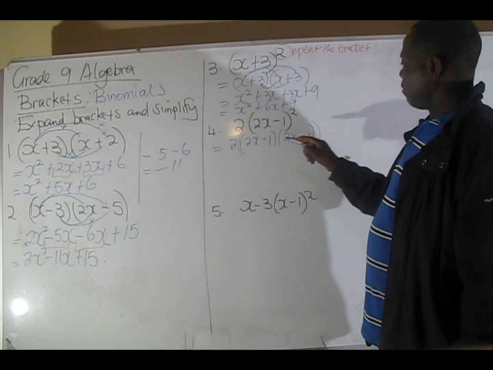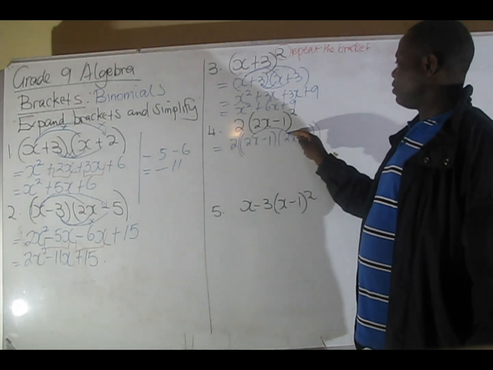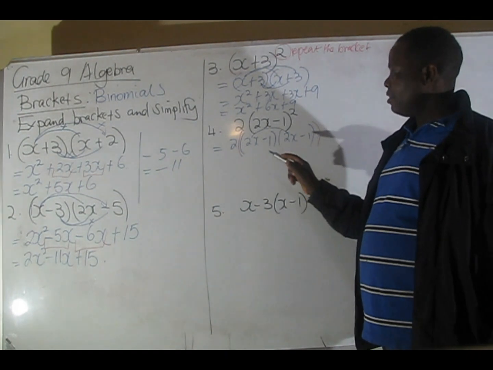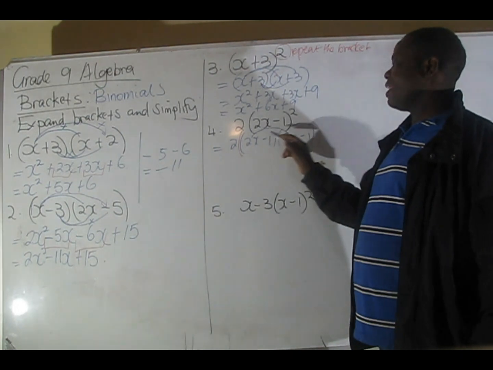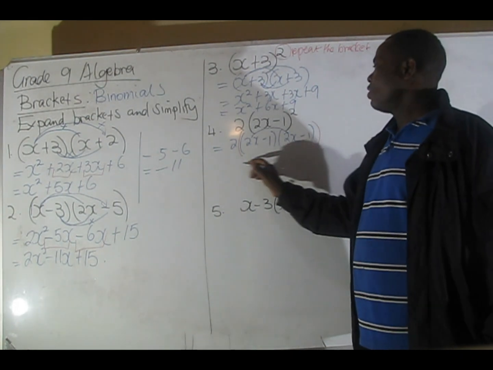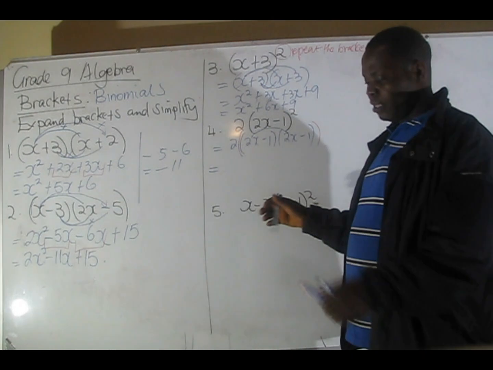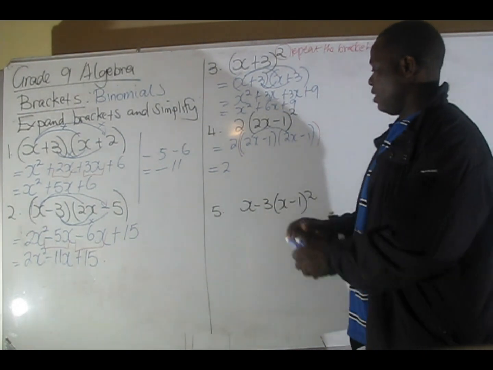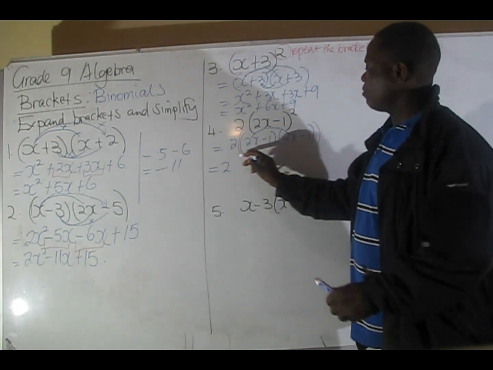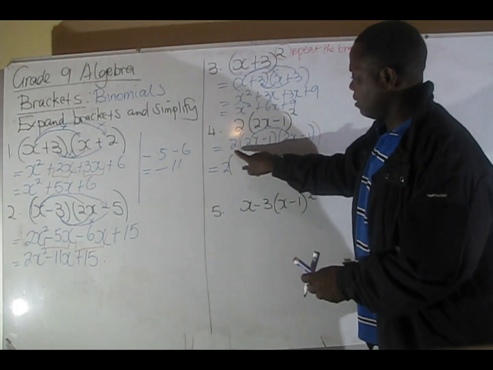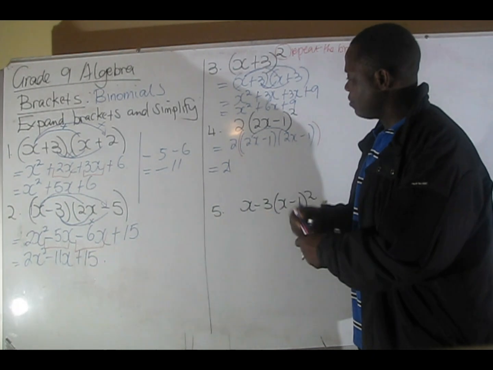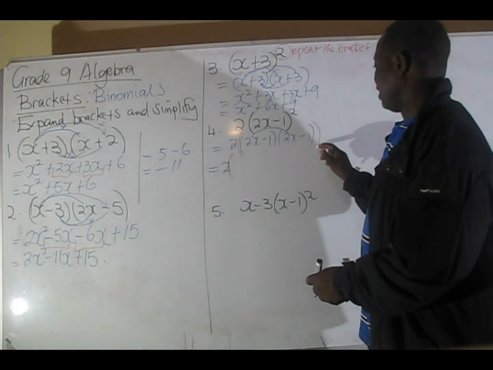Now when we do our multiplication, 2x multiplied by 2x, please remember this is 2 times 2 and x times x. So your answer will look like this. The 2 will stay outside, then the brackets that we introduced will be there.